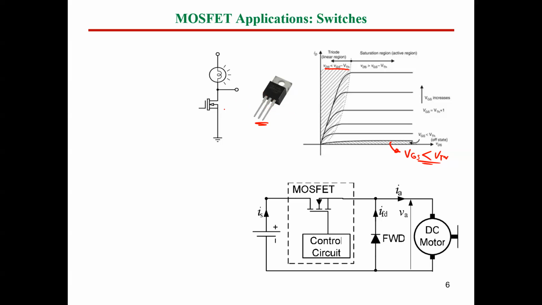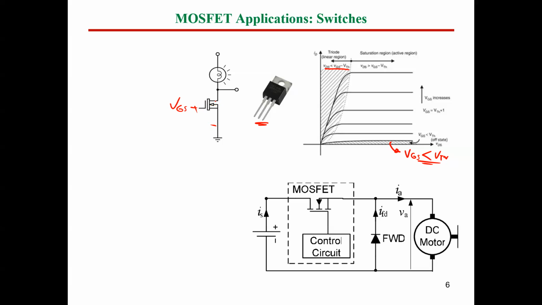Again, for this MOSFET, in order to control it to be switching on or off, we just control the voltage V gate to source. By adding a circuit here to control this voltage, we can turn this switch on or off.